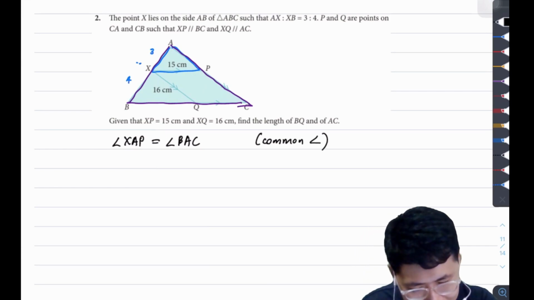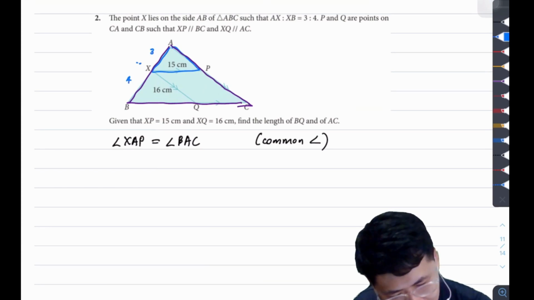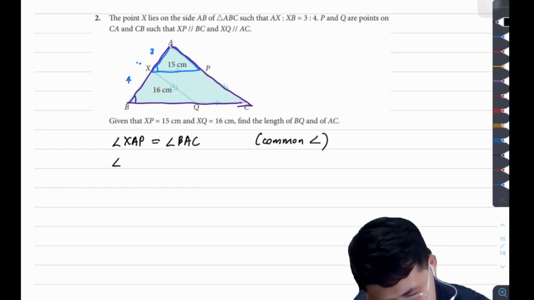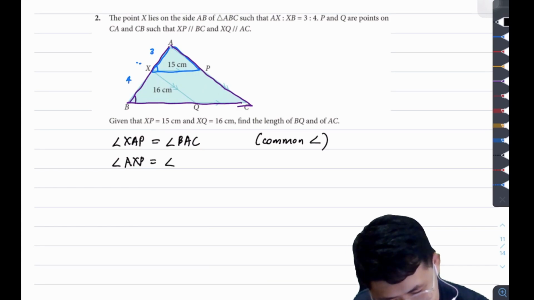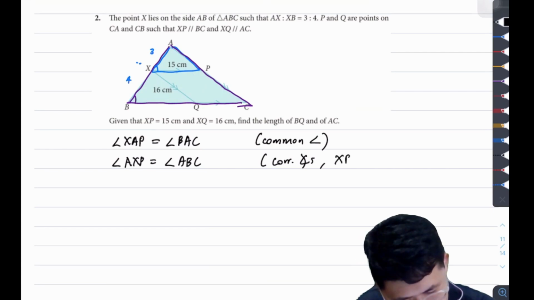Then the next one that I can ask for is this one as compared to this one over here, right? So angle AXP is equal to angle ABC, because of corresponding angles, and the two parallel lines are XP parallel to BC.